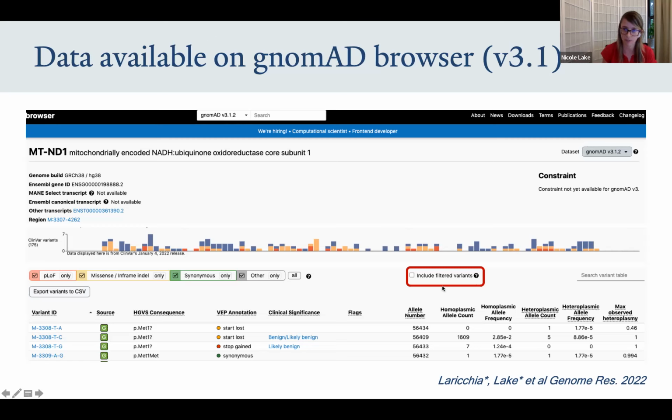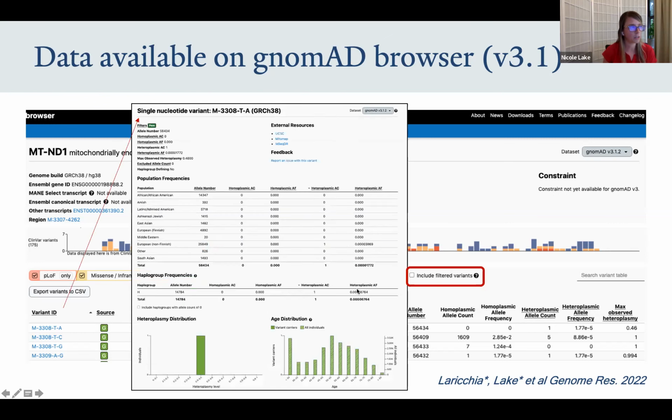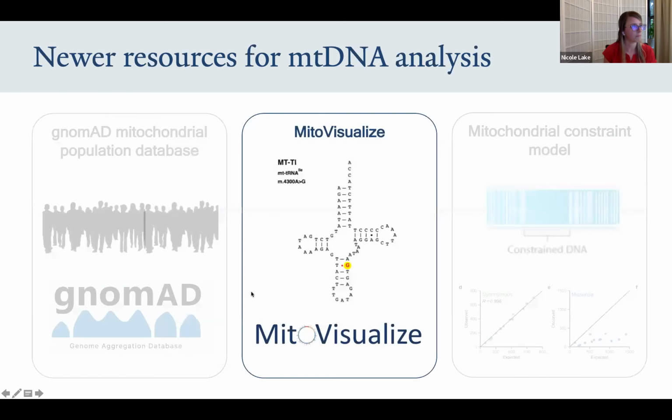Interrogating the filtered variants can be useful for that. There's also more information available for specific variants, including population and haplogroup frequencies.